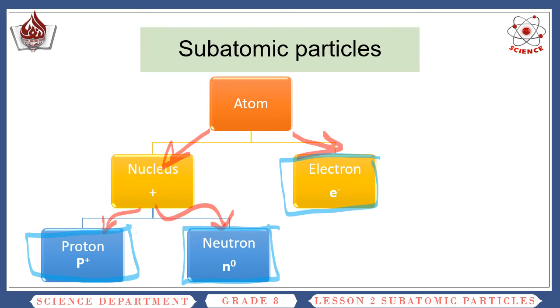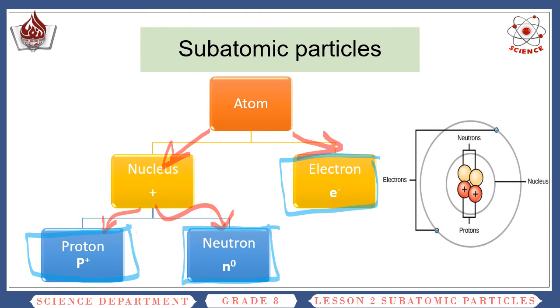And the electrons are surrounding the nucleus. Like this, as you can see, here we have one electron and the other, so two electrons are orbiting around the nucleus.